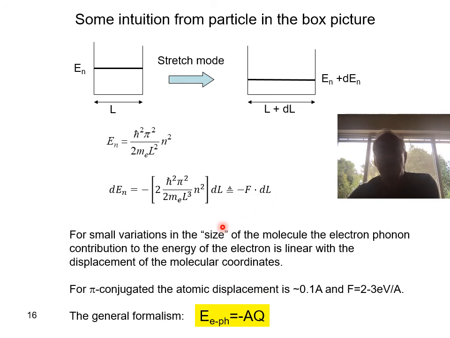So I'm sorry, but that's the simplest and easiest way to convince you. And this constant is usually something like 0.1 angstrom per electron volt. And this really shows you that the changes in the molecular structure are going to be minute, although the effect on the energy is going to be noticeable.